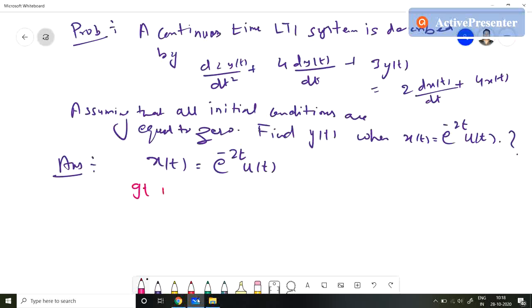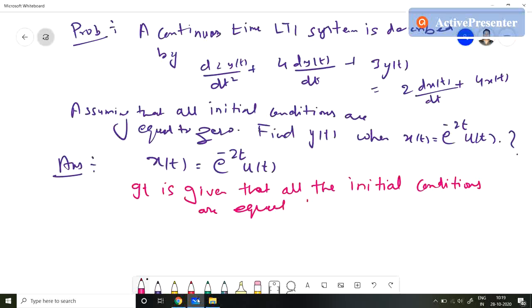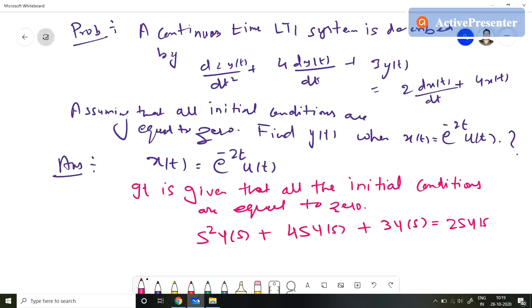So applying the Laplace transform in this equation, it is equal to s square Y(s) plus 4sY(s) plus 3Y(s) is equal to 2sX(s) plus 4X(s).